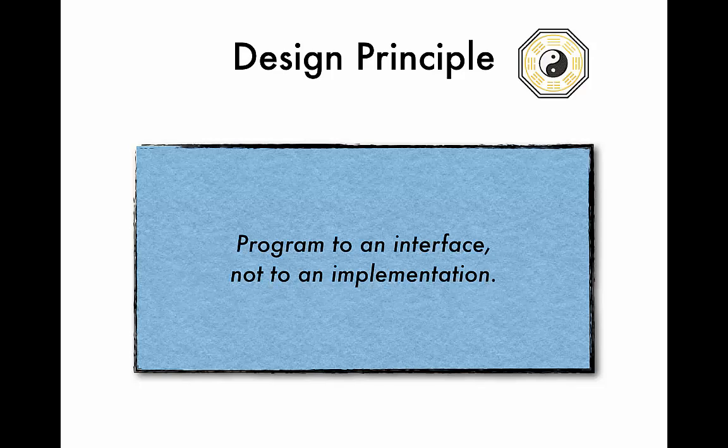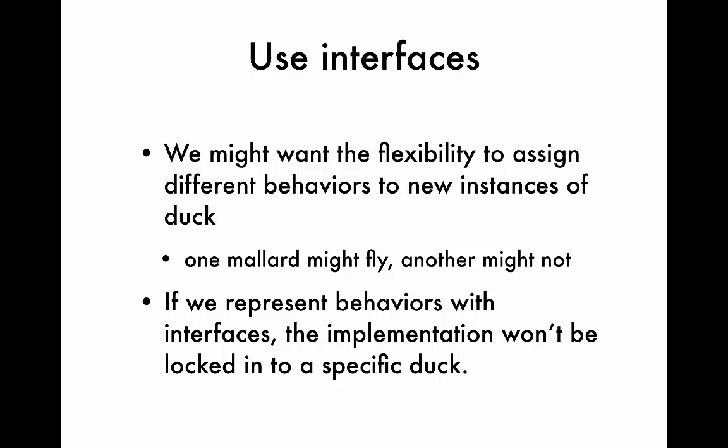What does this mean? When a client programs to an interface rather than a concrete class, it gives the client the ability to choose from multiple different implementations of that interface. In the case of our SimuDuck program, we will represent individual fly behaviors as an interface named FlyBehavior with a single method fly. We can implement that interface in several different ways.